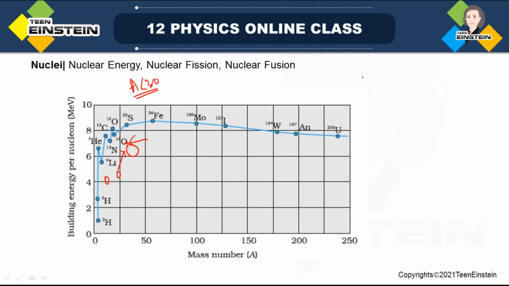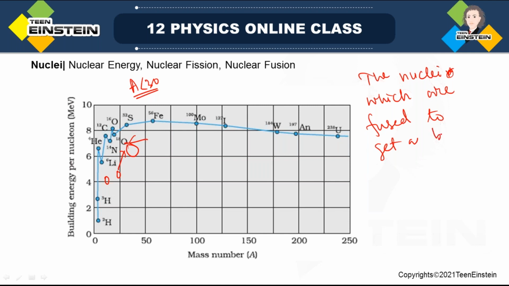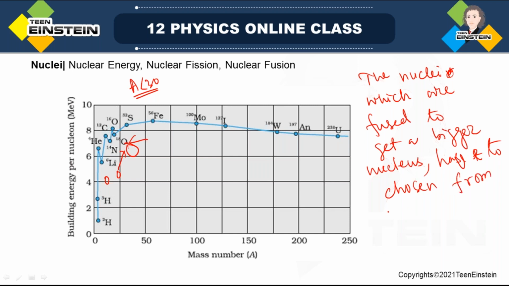This means the nuclei which are fused to get a bigger nucleus have to be chosen from the elements with A less than 30.